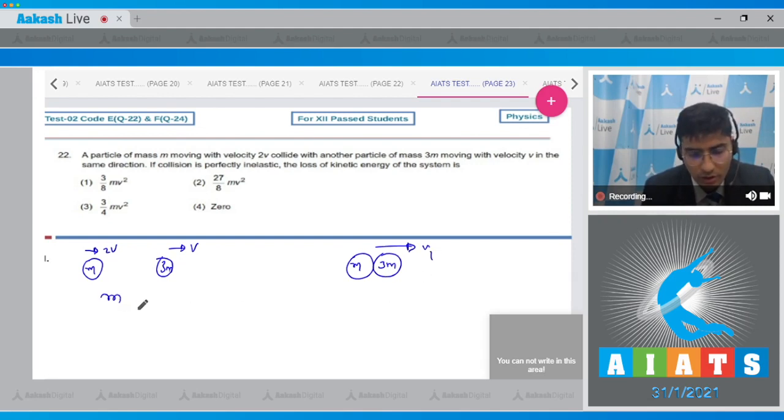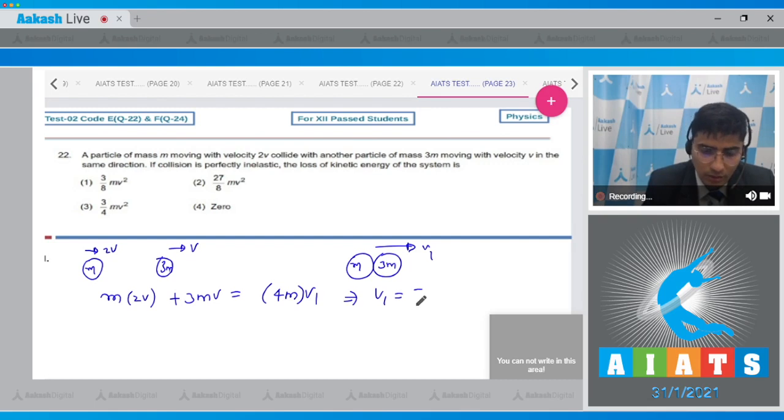From the conservation of linear momentum, we can write that m into 2v plus 3m into v will be equal to finally 4m into v1. Now dear students, from this we can write that v1 will be equal to 5v by 4.